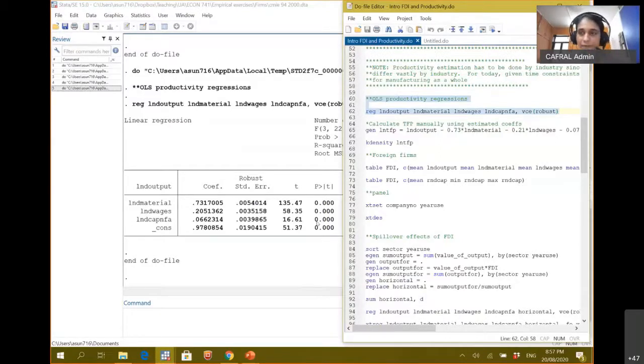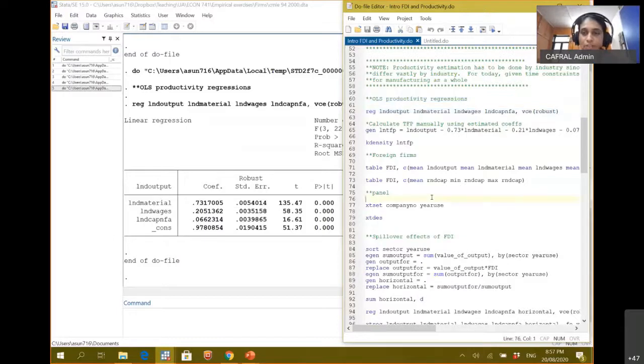It is almost constant returns to scale. Why? Because if I add up those coefficients, 0.7 plus 0.2 plus 0.06, it comes up to roughly 1.